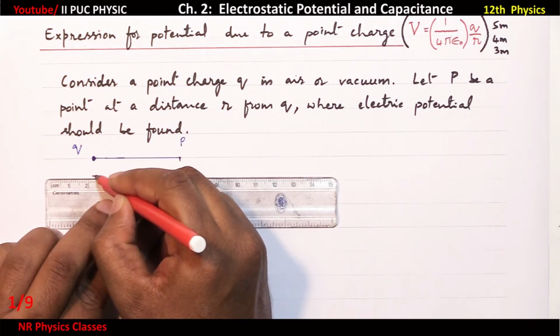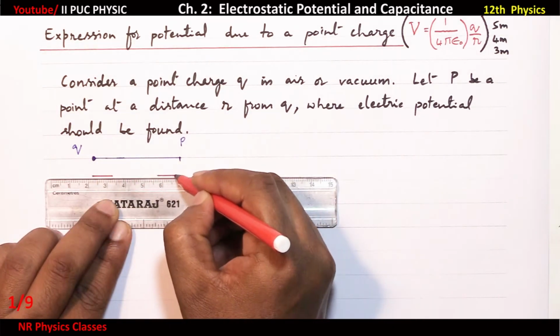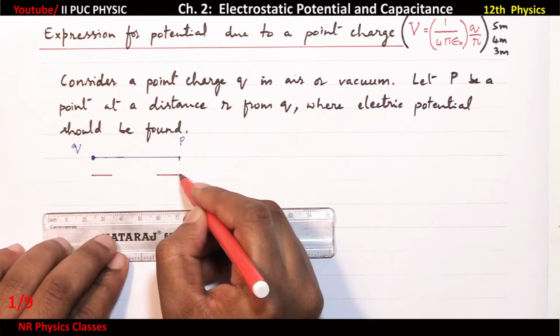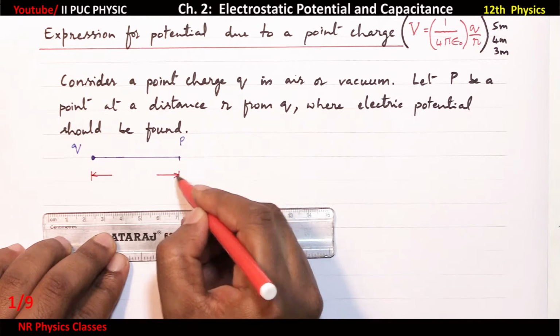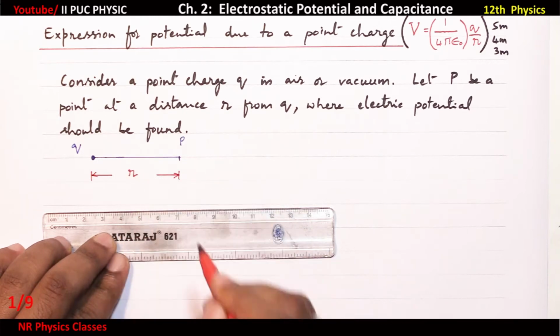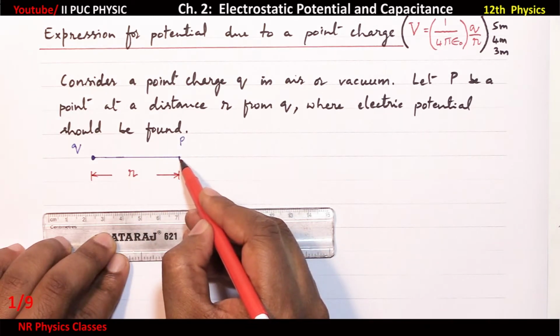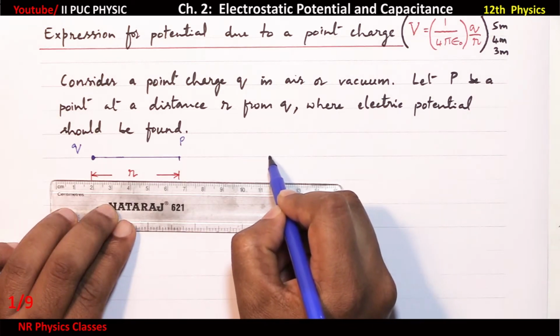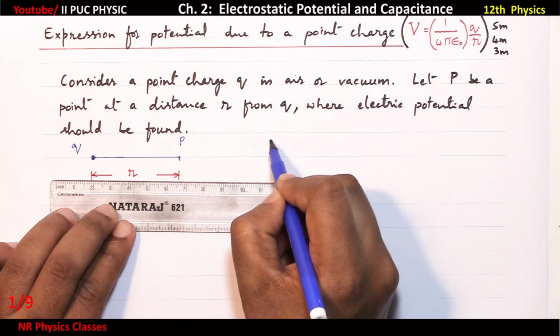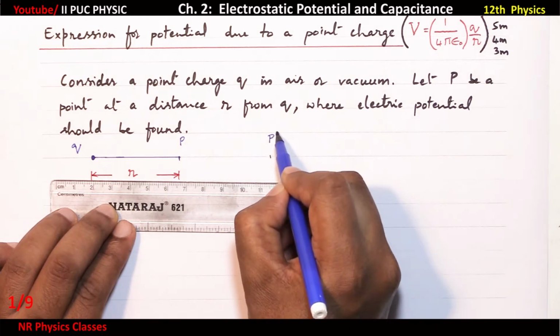P is at a distance r from the charge. We have to find electric potential at P. Let us keep another charge Q0 at P dash. This is point P dash.